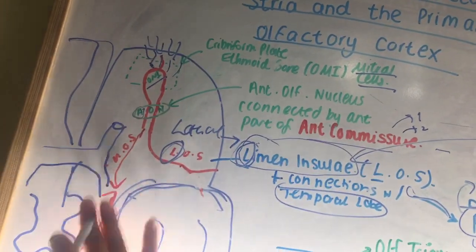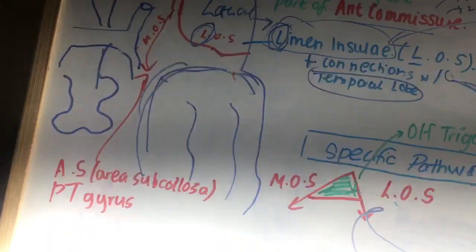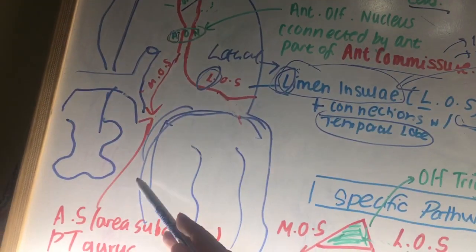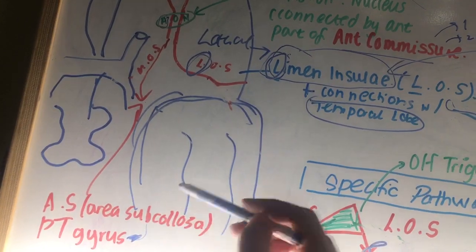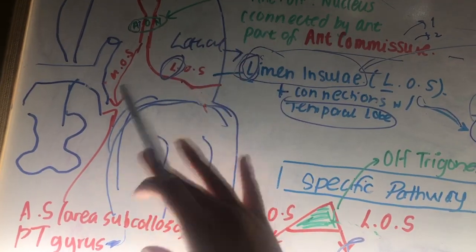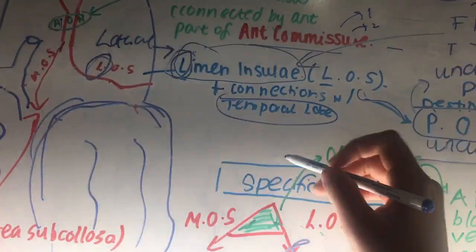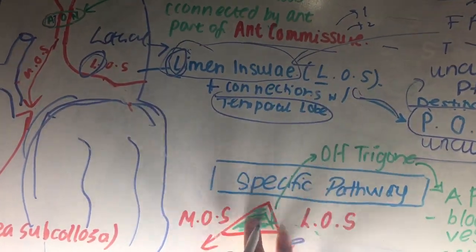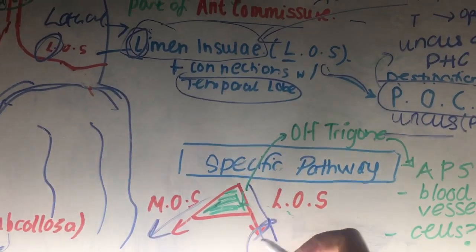What about the medial olfactory stria? The medial olfactory stria also comes, of course, from the olfactory tract. Our medial olfactory stria would have gone to area subcallosa, which is also where you can find your paraterminal gyrus. Now to keep this video short, I'm going to quickly move on and talk about this triangle in this diagram here. This diagram shows how the split of the olfactory tract occurs into the medial olfactory stria and the lateral olfactory stria.